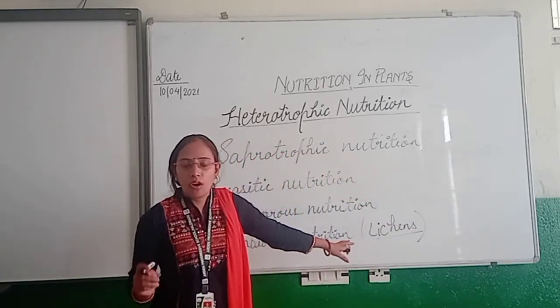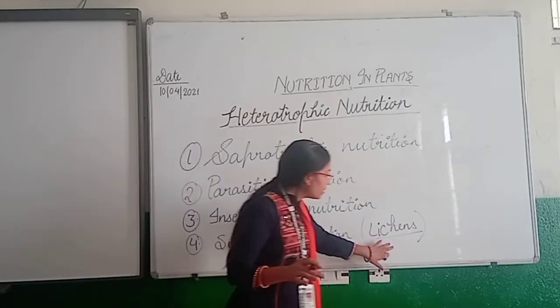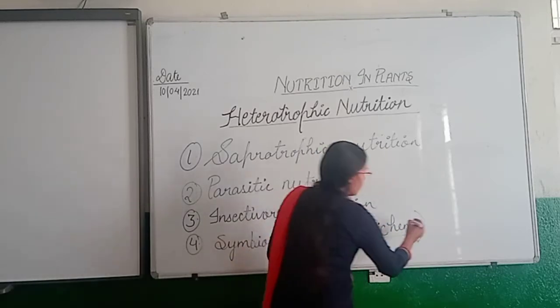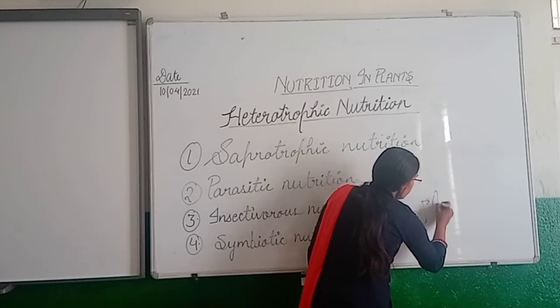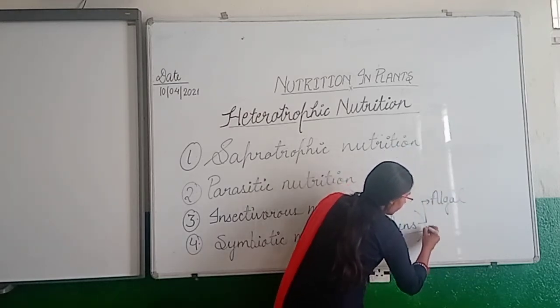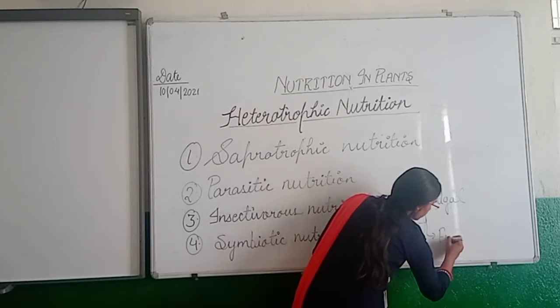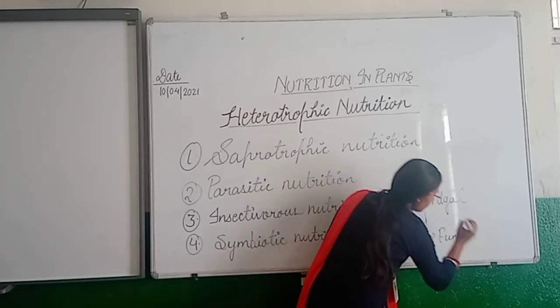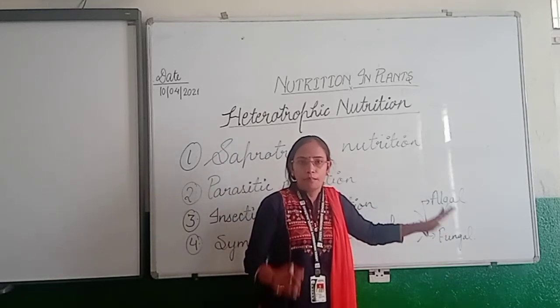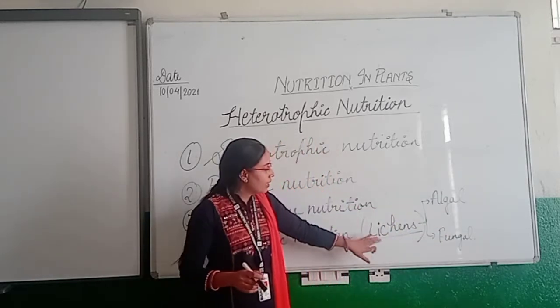Lichens are organisms which are an association of two groups. The first one is the algal group and the other is the fungal group. Algae and fungi together make the lichens.